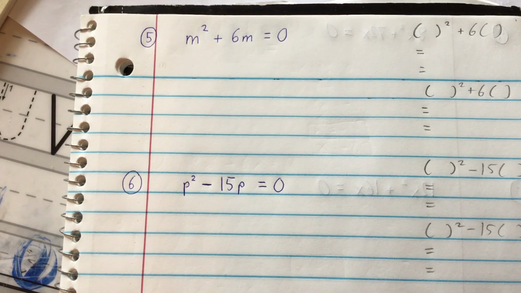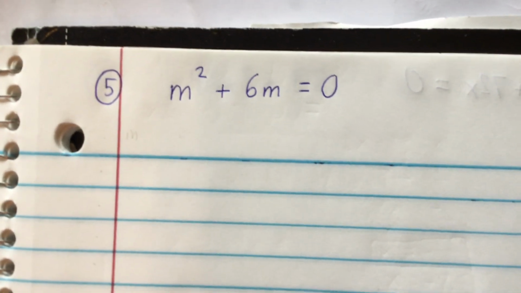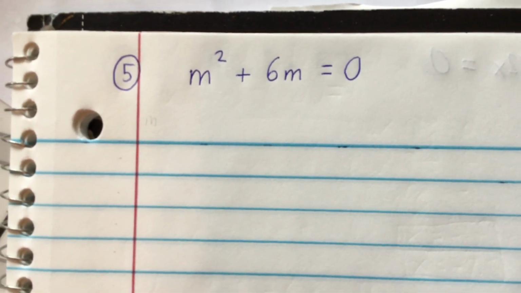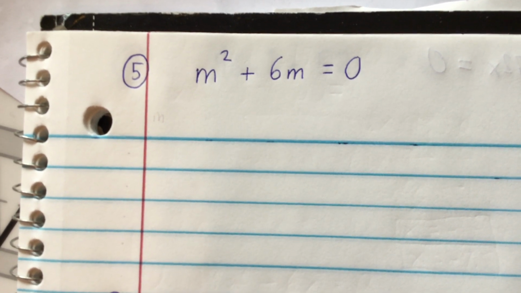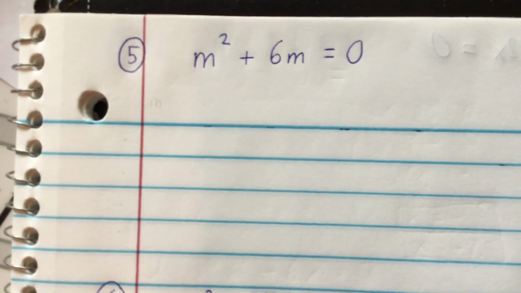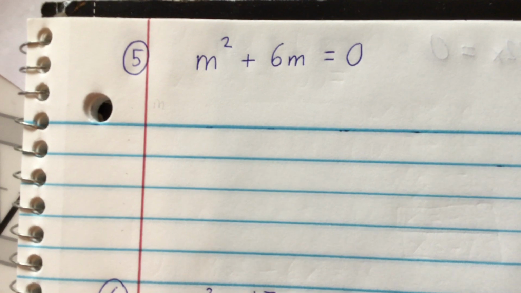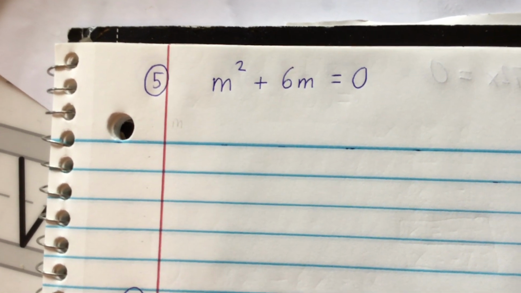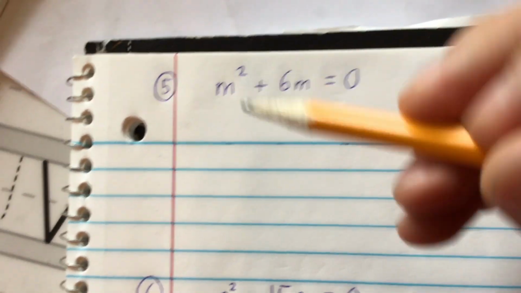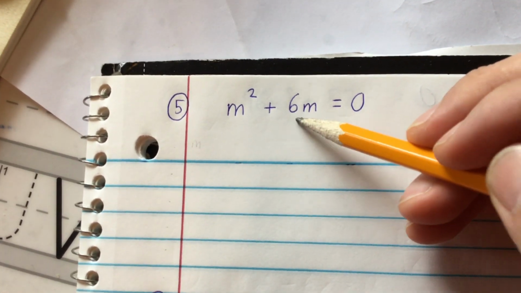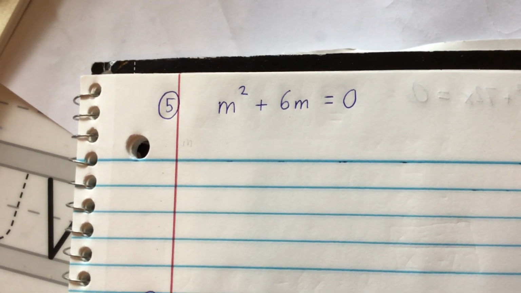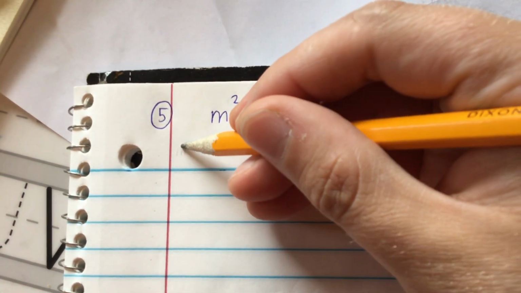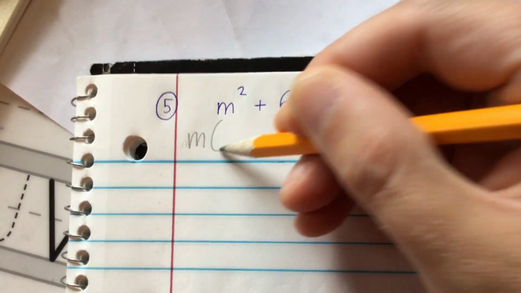Okay. My first instinct for problem number 5, m squared plus 6m equals 0, is I want to get m isolated, but that's going to be tricky because then I'll get m squared equals negative 6m. But luckily, I know how to factor out the GCF. Can I take something out of m squared and positive 6m? I'm going to factor out an m.